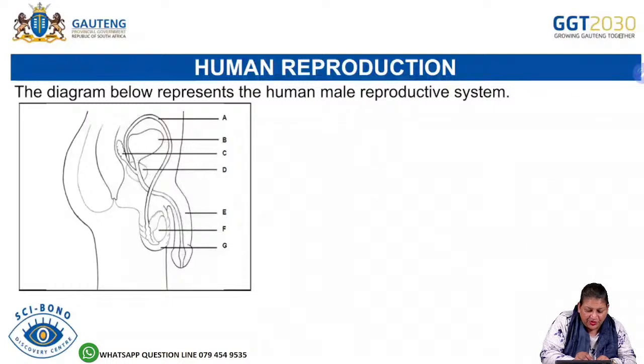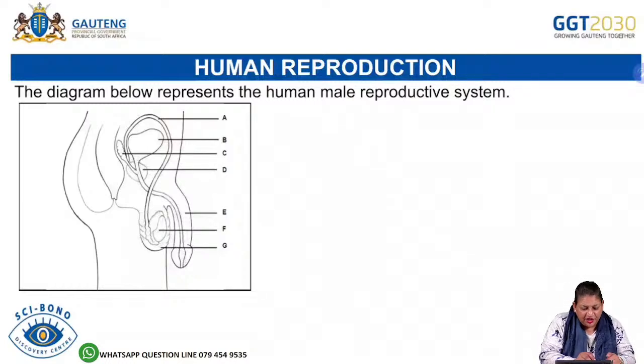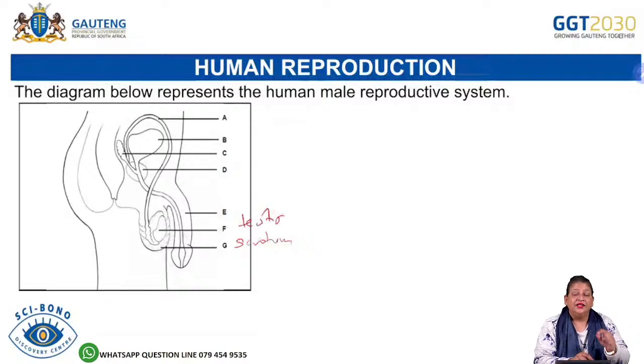So that's the urethra. Then here's the testes, which lie outside the male body, and they are protected by a little sac-like structure, which is G. And what is G? It is the scrotum. And what is F? It is the testes. And what do you know? That the testes are stimulated by the hormone testosterone.